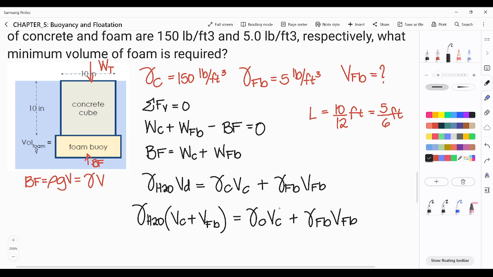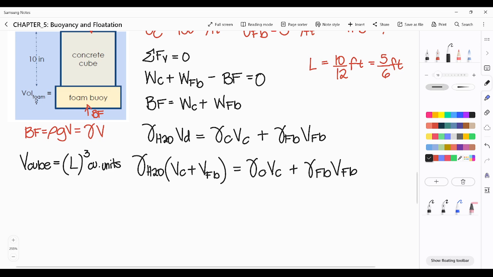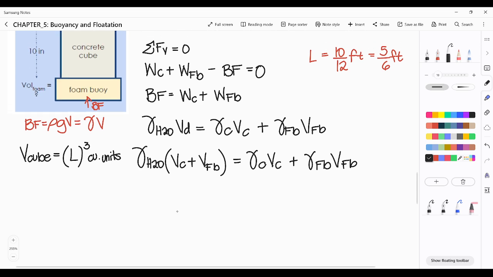And we all know that the volume of a cube is simply the length of each side. Let's just call this, sige, L na lang. Length of each side. Then you just cube it. Para cubic units siya. Diba? Cubic units. So, we will simply substitute.